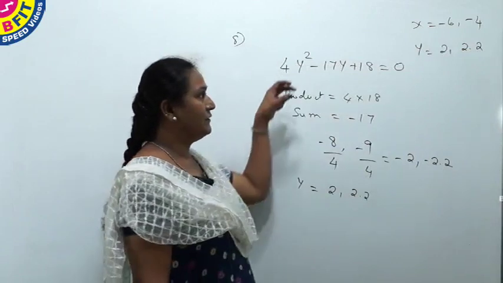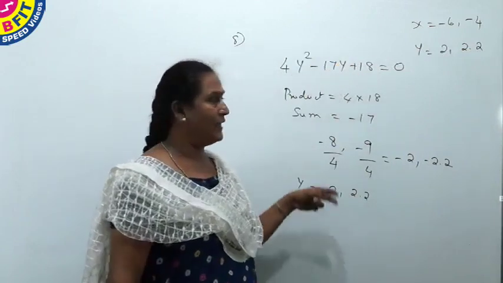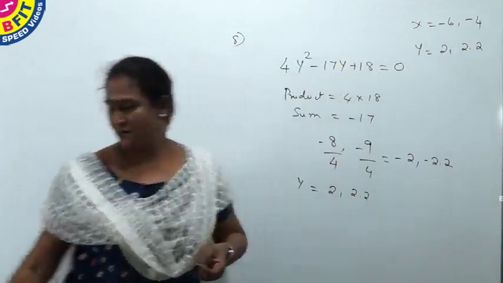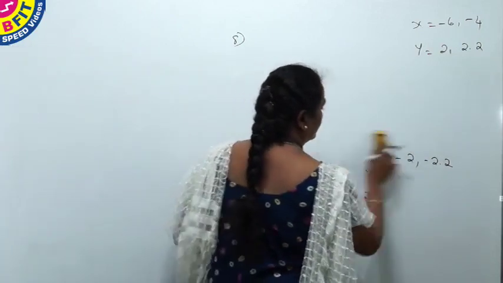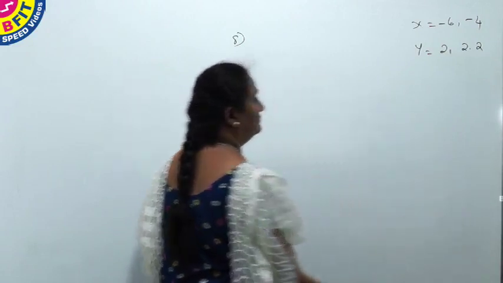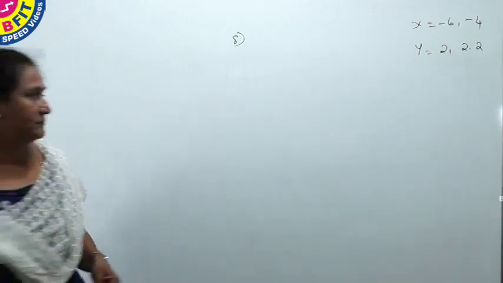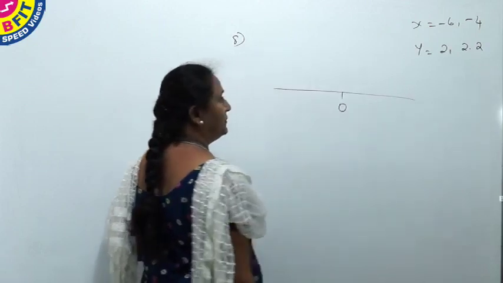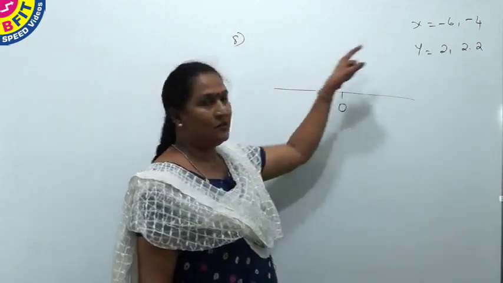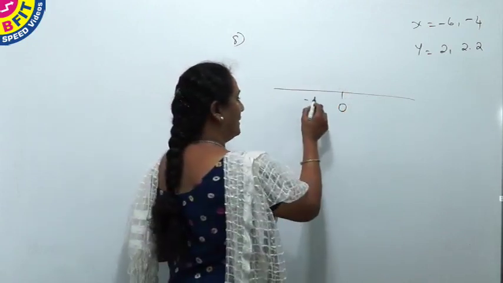Now we'll plot these values on the number line and choose the options. Placing 0 in the middle, both values of x are negative, so write them on the left hand side.